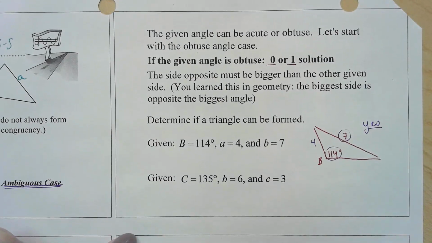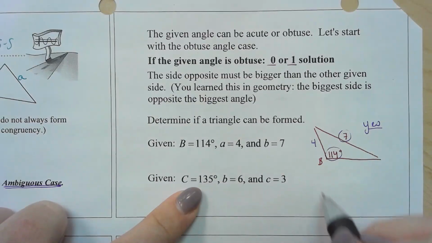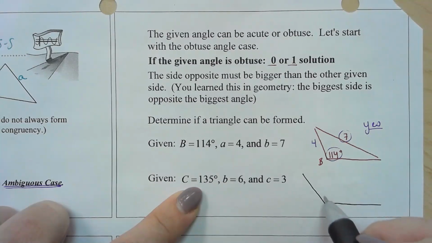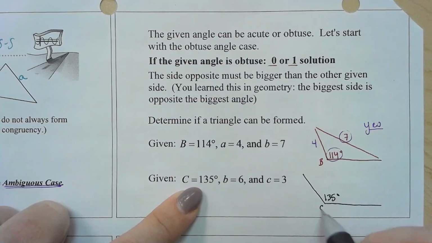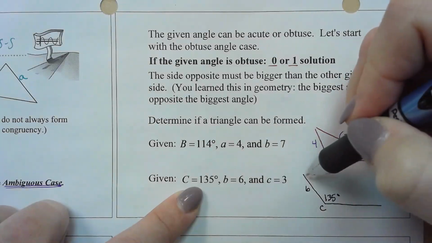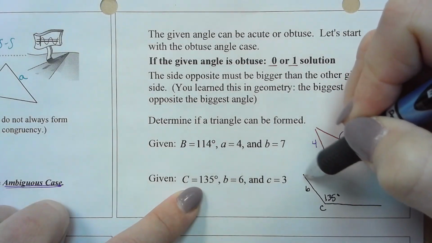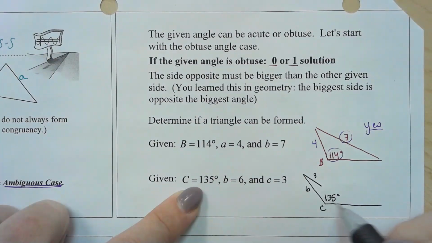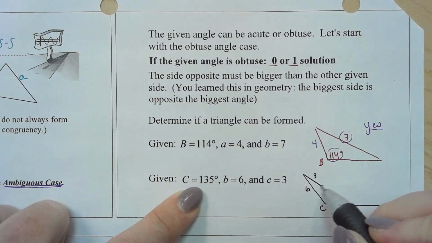Now we go down to the next one. I have another obtuse angle, 135 degrees. We're calling that angle C, which means side C has to go across from that. Side B I'm going to put here. They're telling us B is 6, and if C is 3, I'm going to have a really hard time forming a triangle because I've got to get all the way down here.